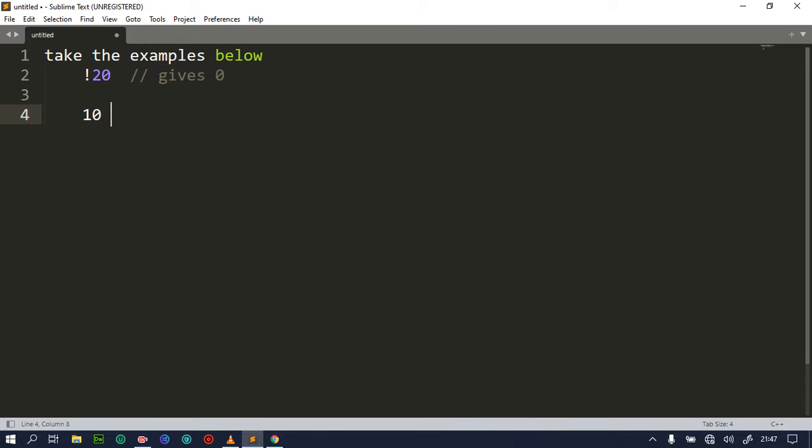Then assume we had 10 and 5. What does this give? It gives 1. Okay, 10 and 5, so definitely that will give 1.